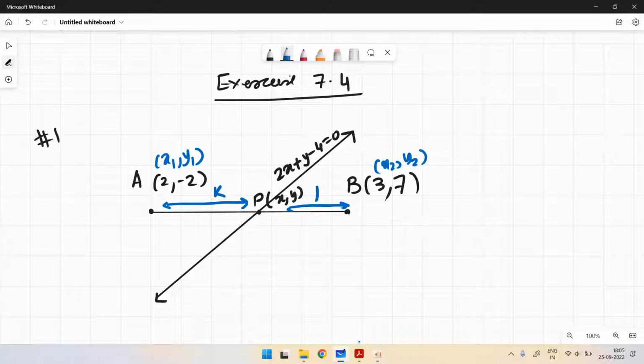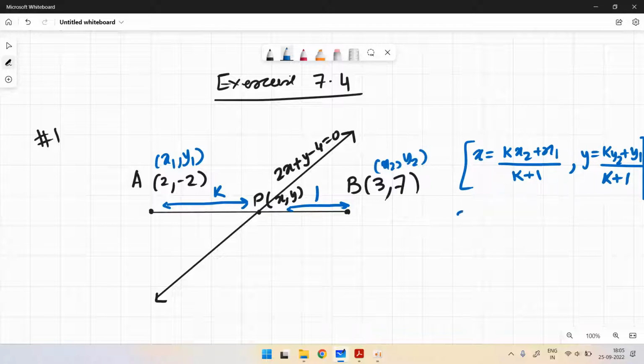You know from the property that if a point P divides the line segment joining A and B in the ratio k is to 1, then the coordinates of that point are given by x = (k x2 + x1)/(k + 1) and y = (k y2 + y1)/(k + 1).